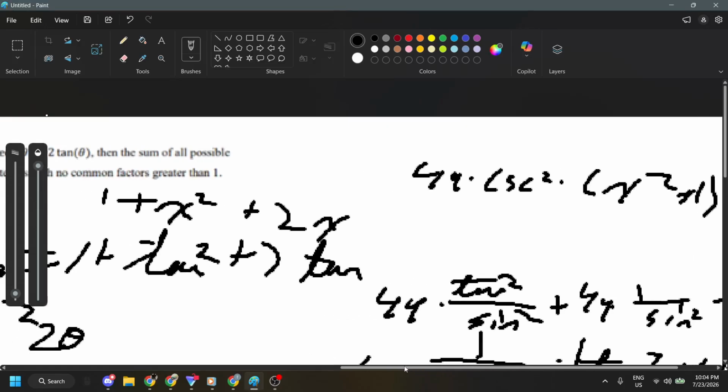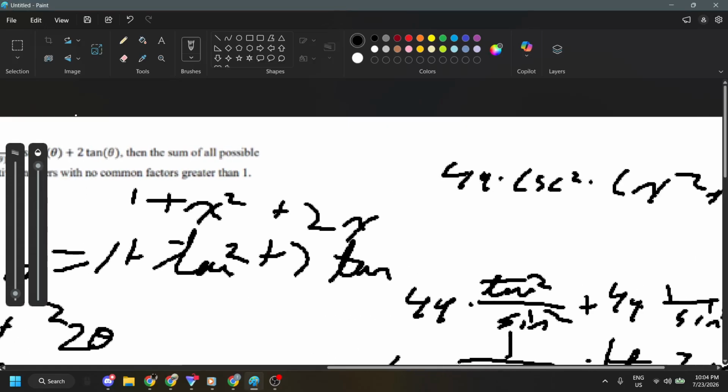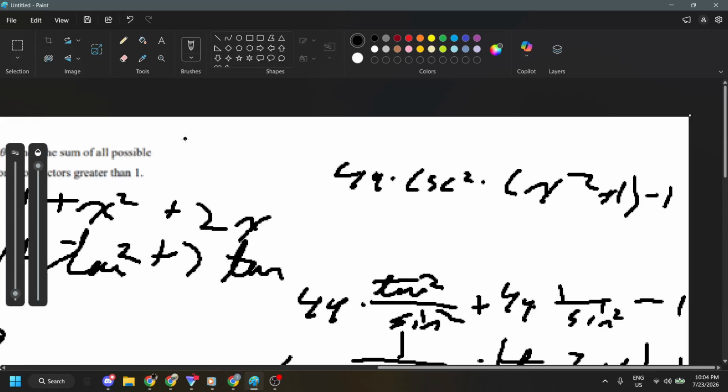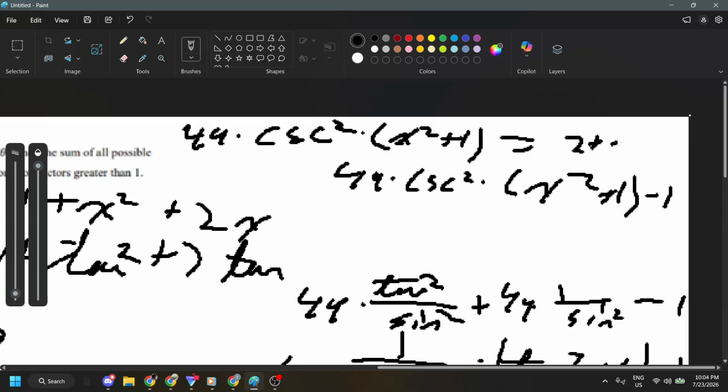Add 1 to both sides, because why not? Then right now we have 49 times cosecant squared times x squared plus 1 is equal to 2 plus x squared plus 2x.